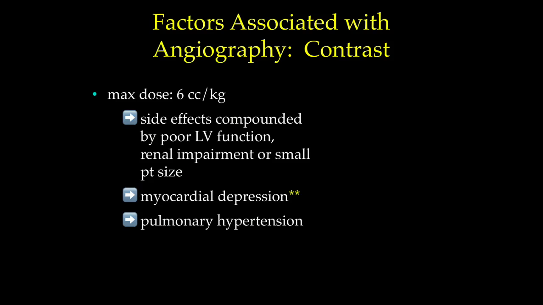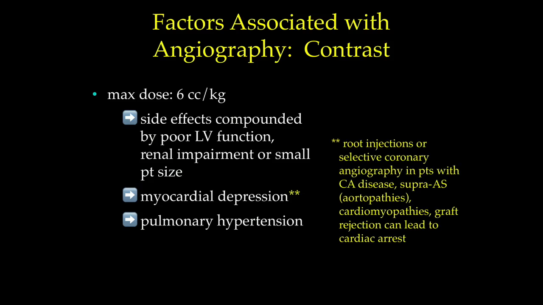We can see myocardial depression, specifically if we do a root injection or selective coronary angiography in patients who have coronary artery disease, or in patients who have supravalvular aortic stenosis, like a Williams syndrome aortopathy. If we do selectives or a root injection, we can also often get a cardiac arrest.